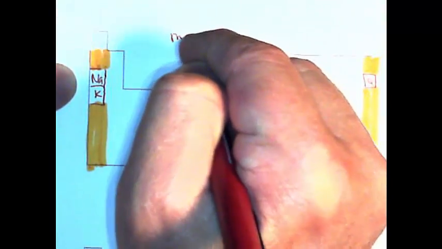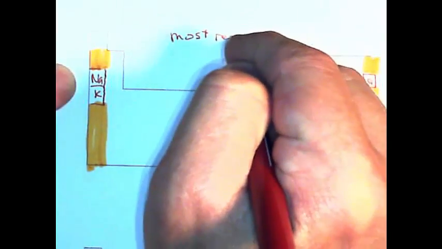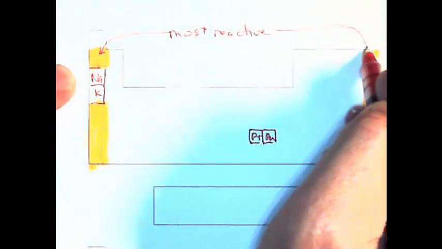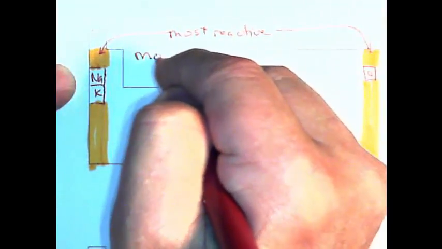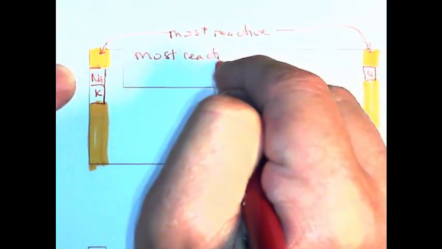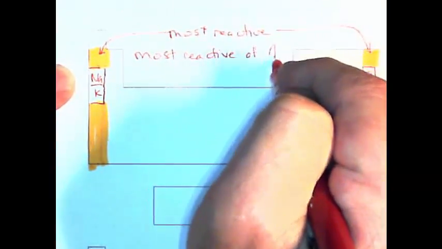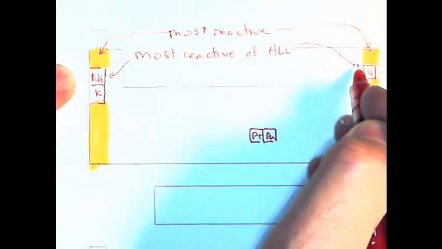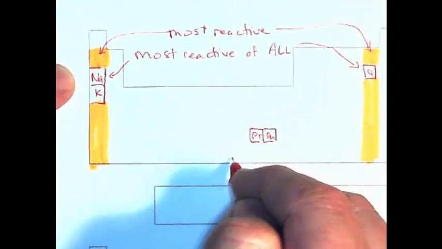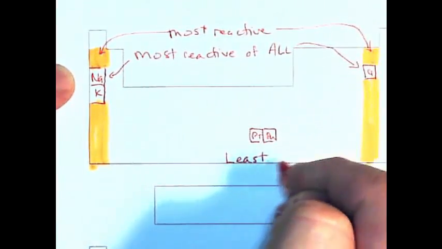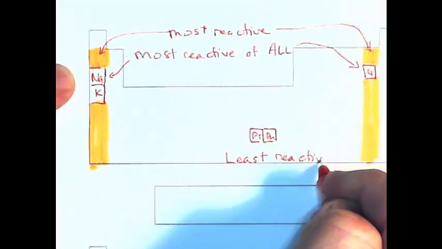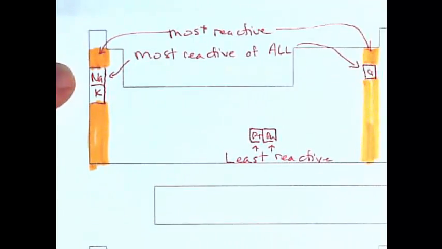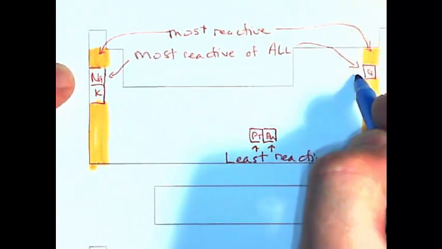So most reactive is this column and this column. Most reactive of all is this section and this section, and least reactive is right here, okay?